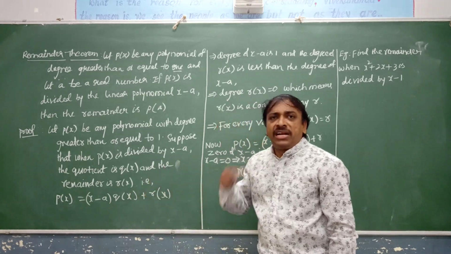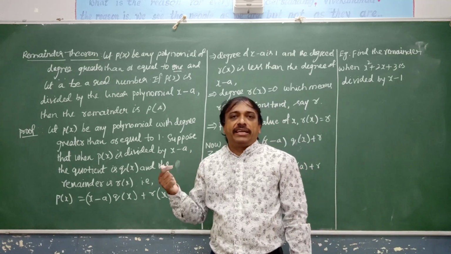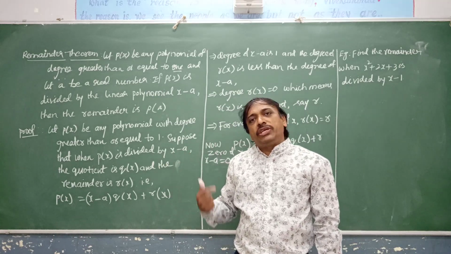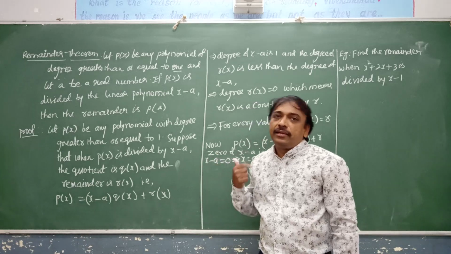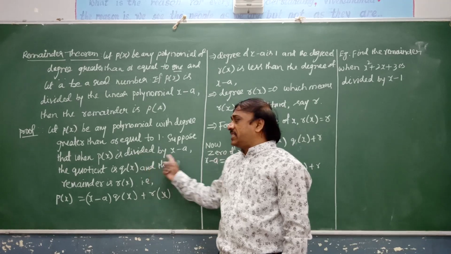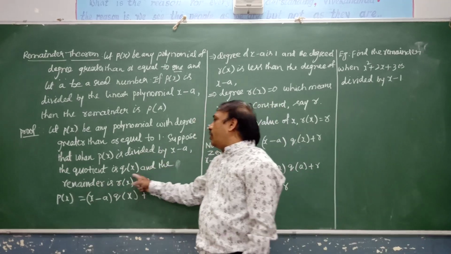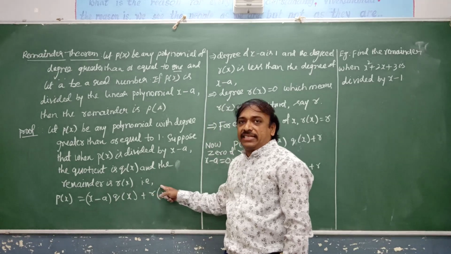When you divide two numbers, you get a quotient and a remainder; the remainder may or may not be equal to 0, but definitely we obtain the quotient and the remainder. So when you divide p of x by x minus a, the quotient is q of x and the remainder is r of x.